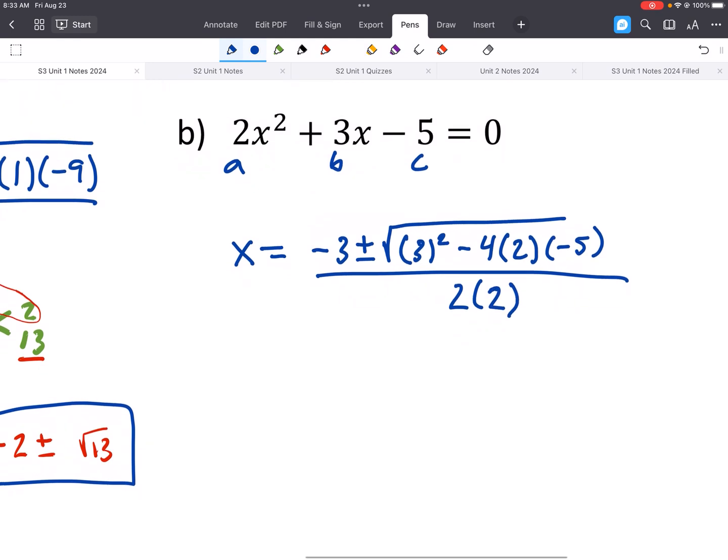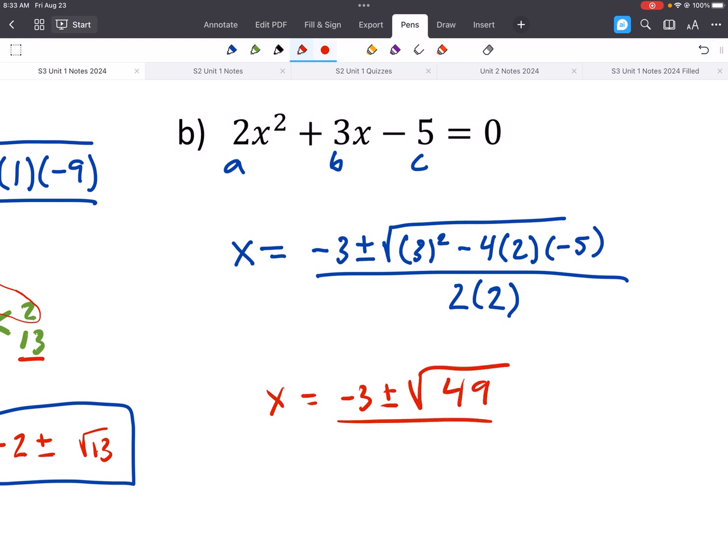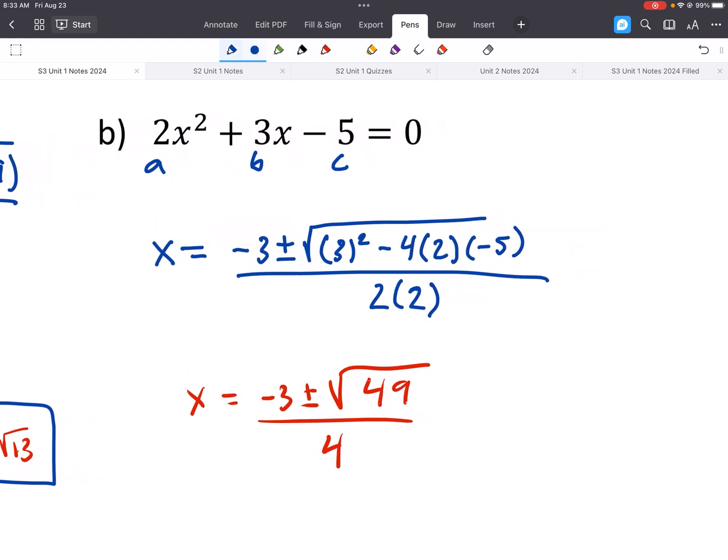All right, so again, we're going to do the discriminant. When you type that in, we'll have 49. And then, like I said, the discriminant is a perfect square. The square root of 49 is 7, okay?